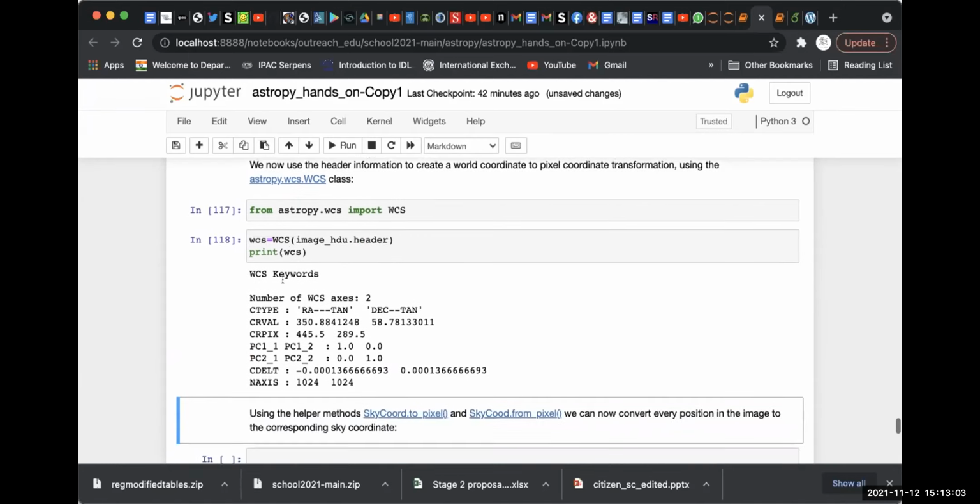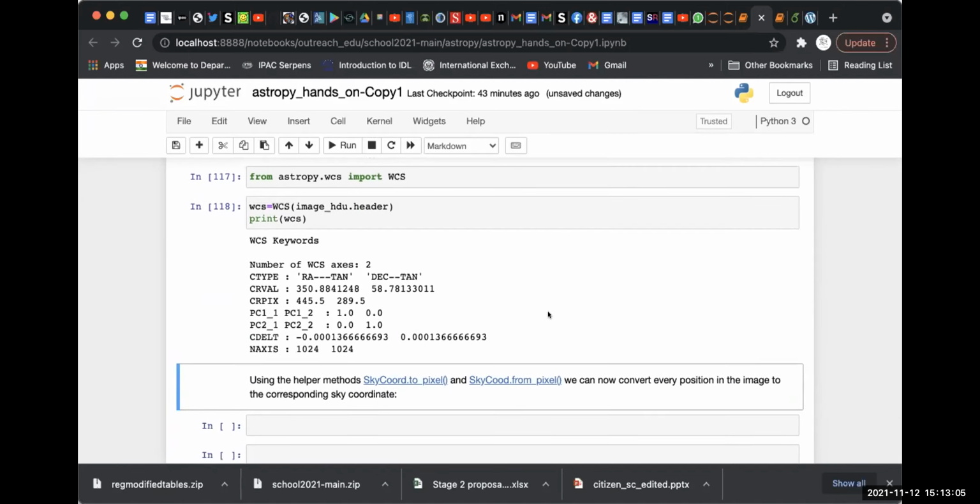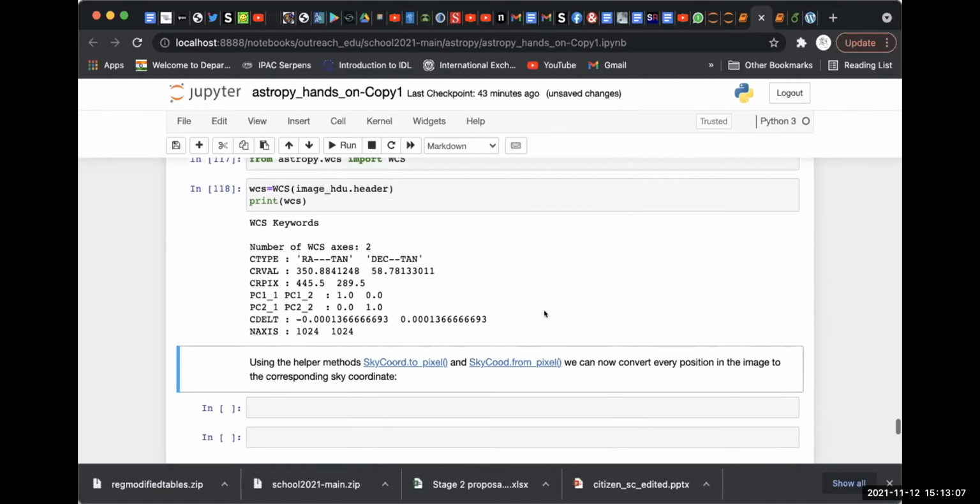So now you can see that these are giving you the keywords for the conversion, right? And what I'm now going to do is convert my pixels to WCS. So I will use the same thing which I used earlier, which is sky coordinates from pixel. So what am I doing?